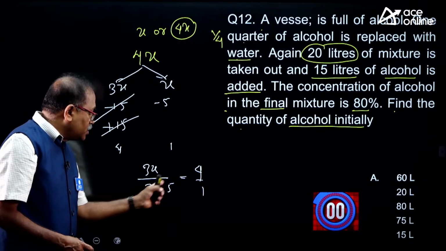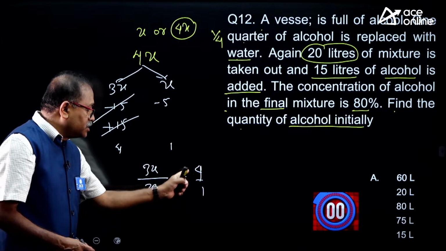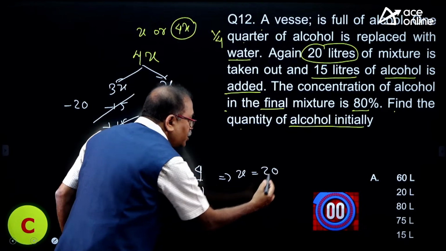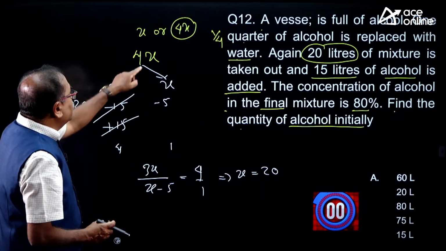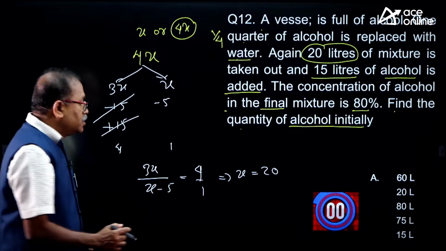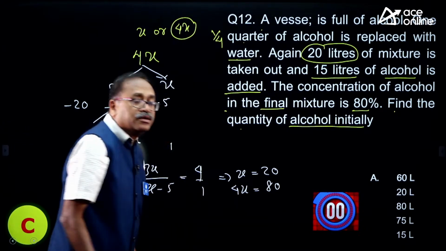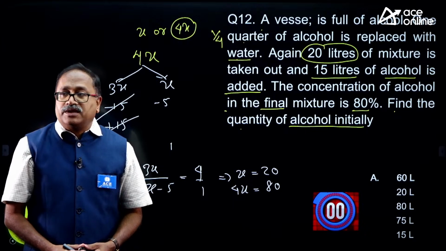From here you are getting x is equal to 20. So I got that x is equal to 20. What is the initial quantity? 4x. So 4x will be how much in that case? It is 80 liters. Beautifully answered, my dear friend.